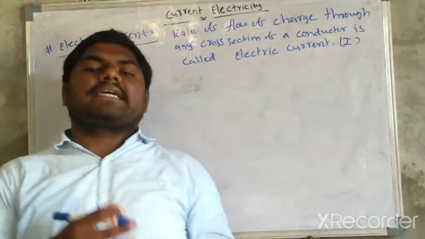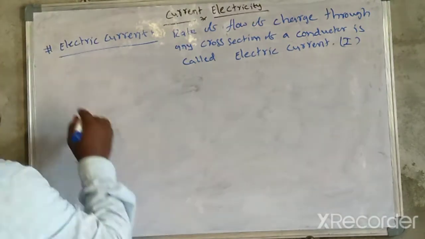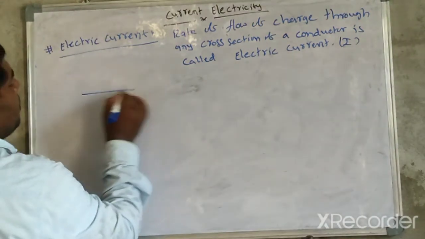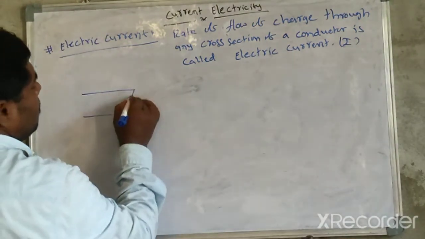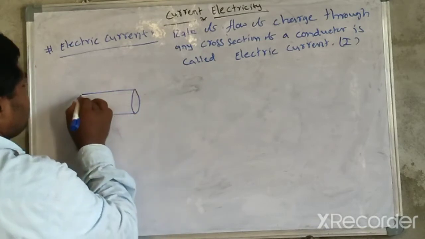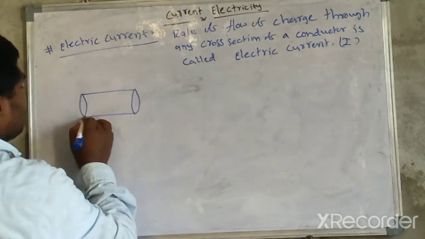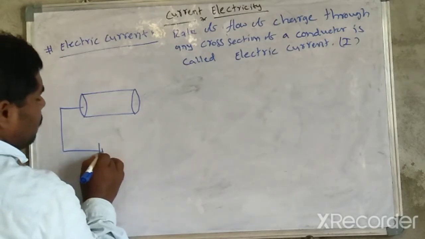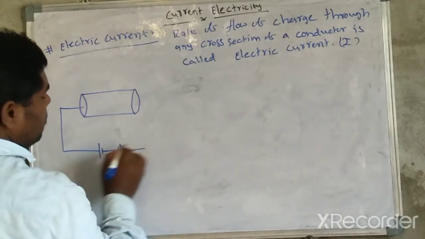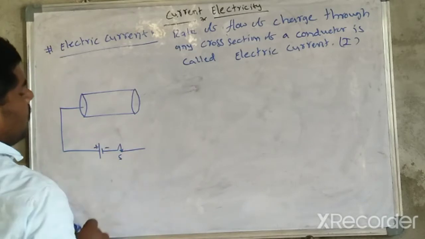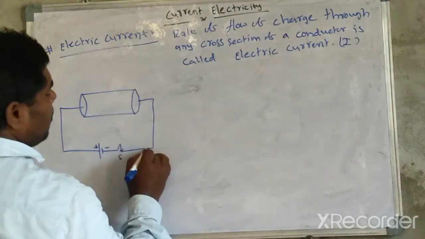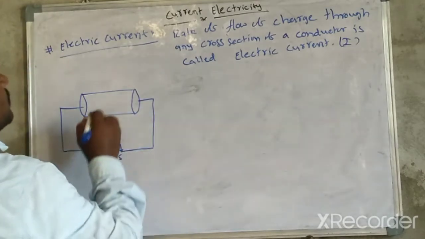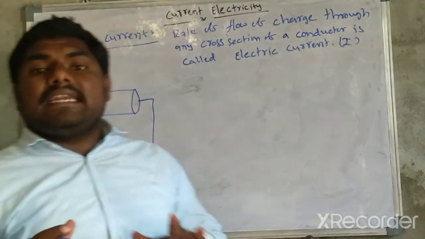Let us consider a cylindrical conductor. A conductor must have free electrons in it. This is the battery with its positive terminal, this is a switch, and this is the negative terminal. This one is the cylindrical conductor.